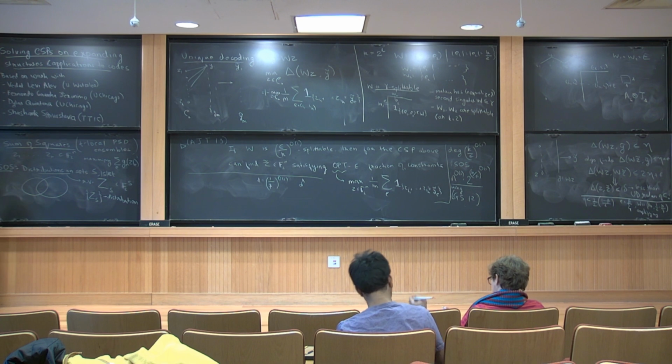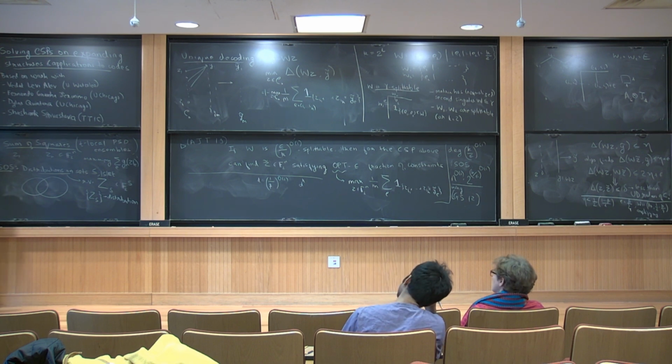So that's what I'll think of as an SDP solution. It's a collection of distributions, all over all subsets of size T.